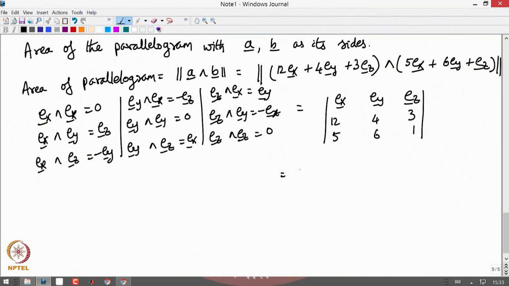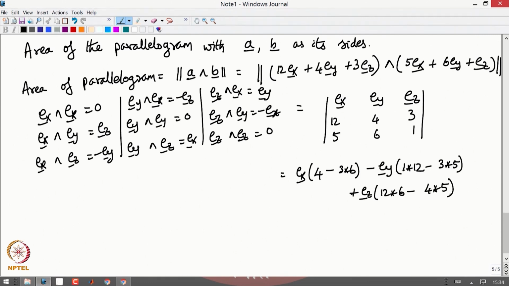So, this will be E x into 4 minus 3 into 6, minus E y into 1 into 12 minus 3 into 5, plus E z into 12 into 6 minus 4 into 5.